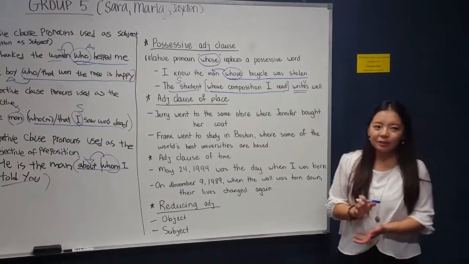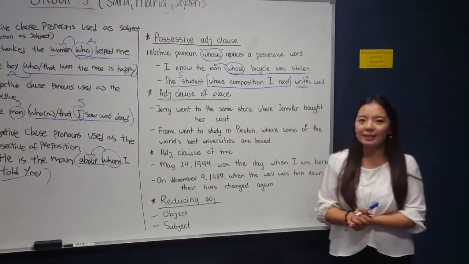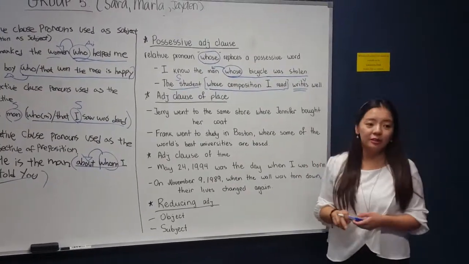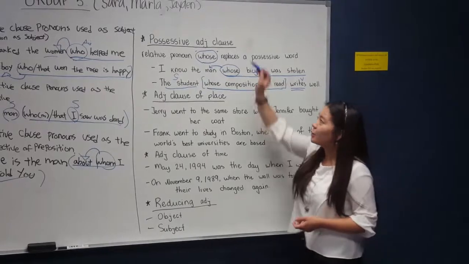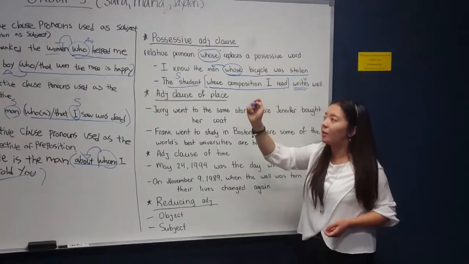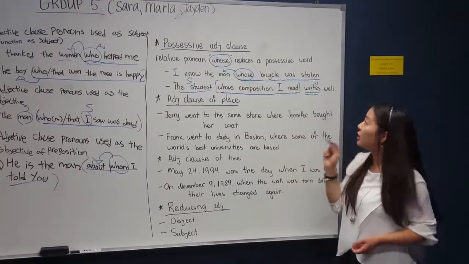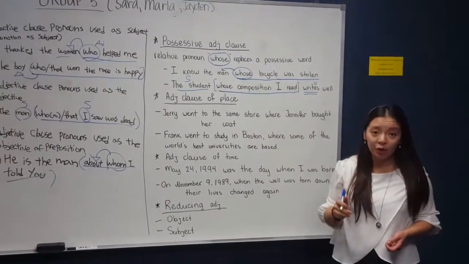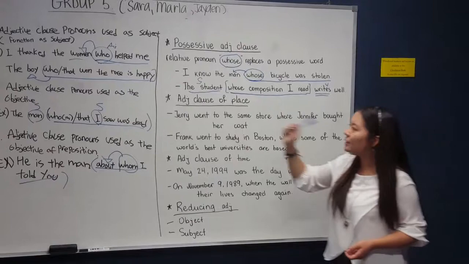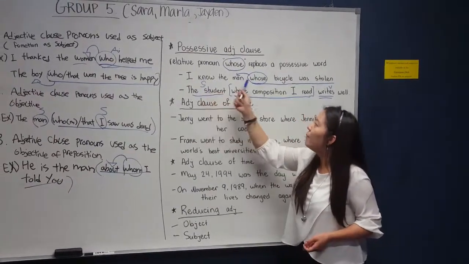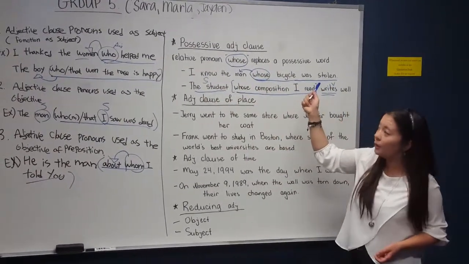Now we would love to talk about some other cases of how we can use the adjective clause in a sentence. The first one is the possessive adjective clause. In this case, whose is a relative pronoun which can replace a possessive word in a sentence. The first example: "I know the man whose bicycle was stolen."